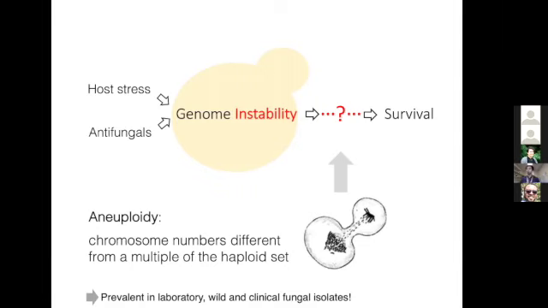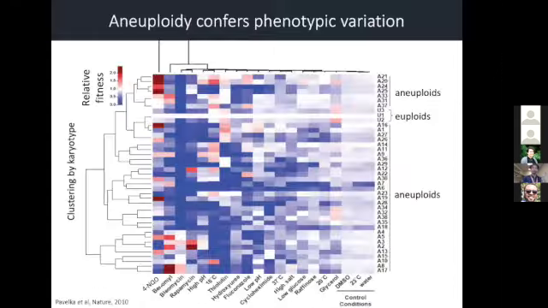But aneuploidy is most well known from the general population, like Down syndrome, which causes really severe fitness defects at the organism level and also the cellular level, of course. How this phenomenon of gaining or losing chromosomes eventually becomes a major cause of antifungal resistance is just not really known. So today we feel like we finally understand a little bit.